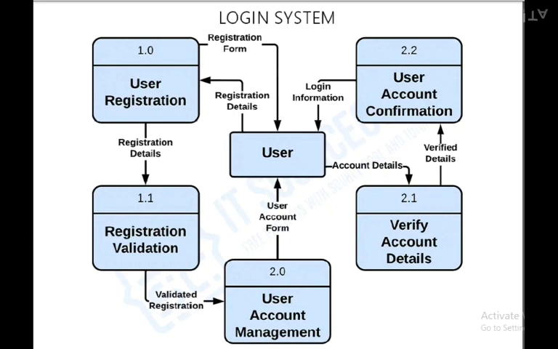First, the user gives input to the system. The user will provide information to the system. The information will decide whether the user is a new user or a verified, old user. If a user is a new user, then the system has to register the user with the information provided.